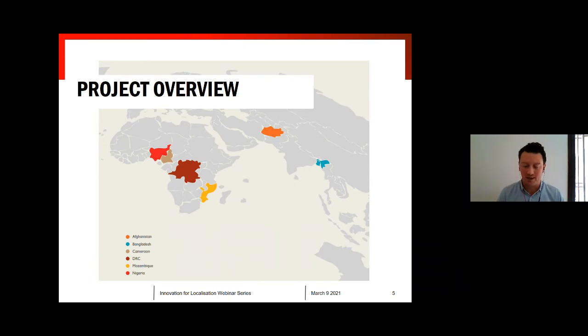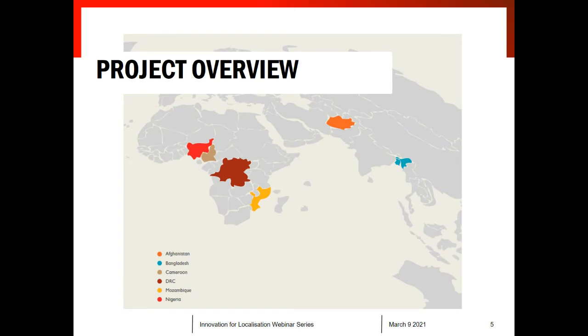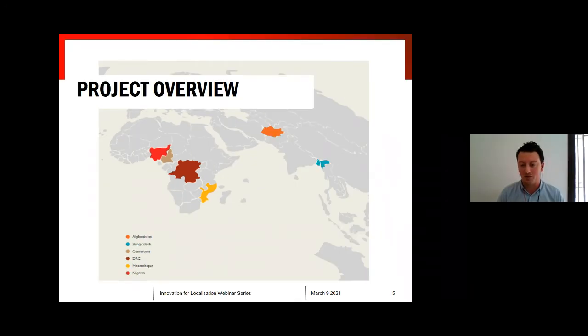And as you all can probably remember, that is just around the time that COVID-19 was taking off around the world in a big way. So this is hugely reflected in the way that this project was run, but I think that will come out later in some of the reflections from local organisations and from the analysis of the project.